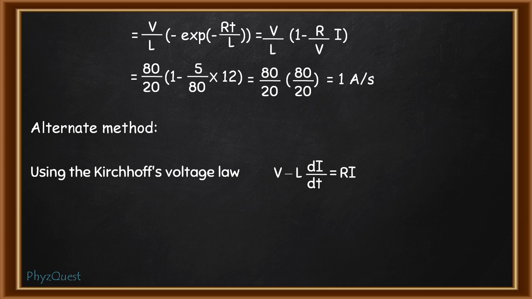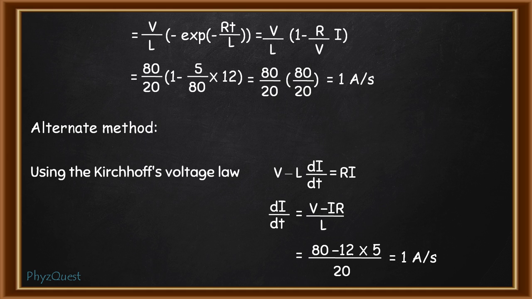So simply you can find the expression of di by dt from here, which will be V minus iR divided by L. So now just put the values of all the parameters, which will be 80 minus 12 into 5 divided by 20, which again will be 1 ampere per second.